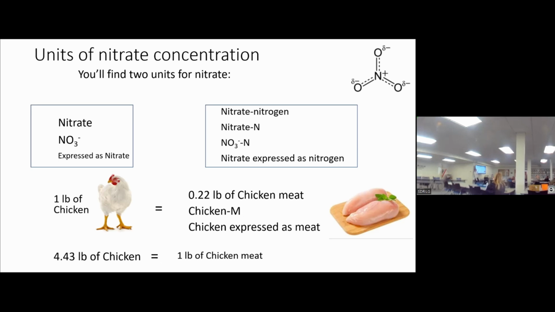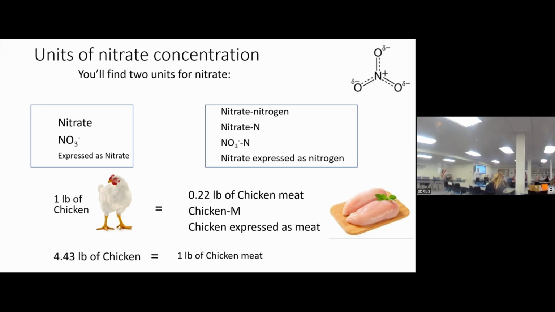So for every pound of chicken, when you remove the stuff that you don't need, when you just pull out the essential part, the inner essential part of it, you will be left with only about a fifth, only 0.22 pounds of chicken meat, or you can say chicken expressed as meat.